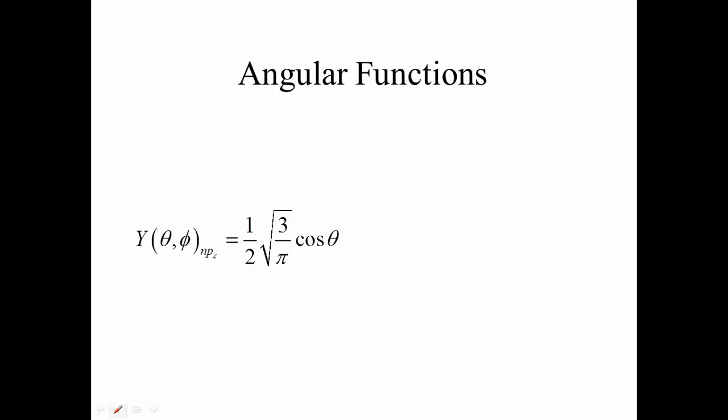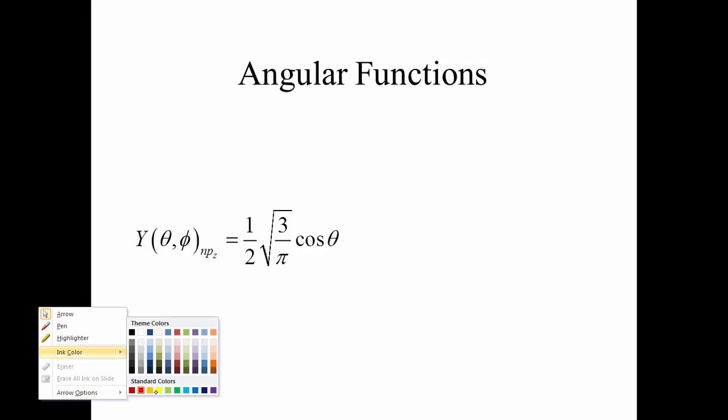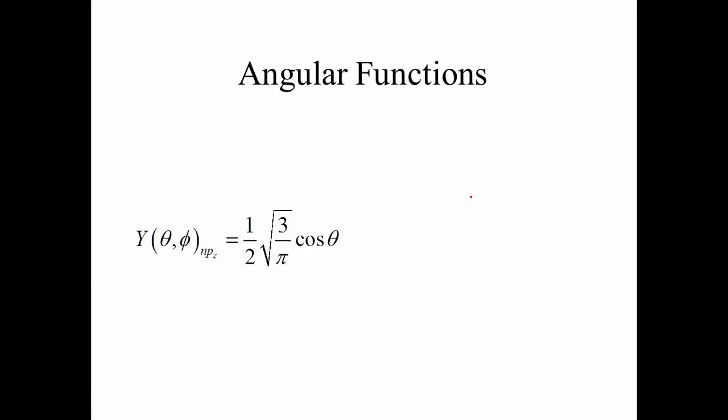We can plot an angle here. This is theta. Theta is the angle from z. So this is the z-axis, and then we're plotting the y.